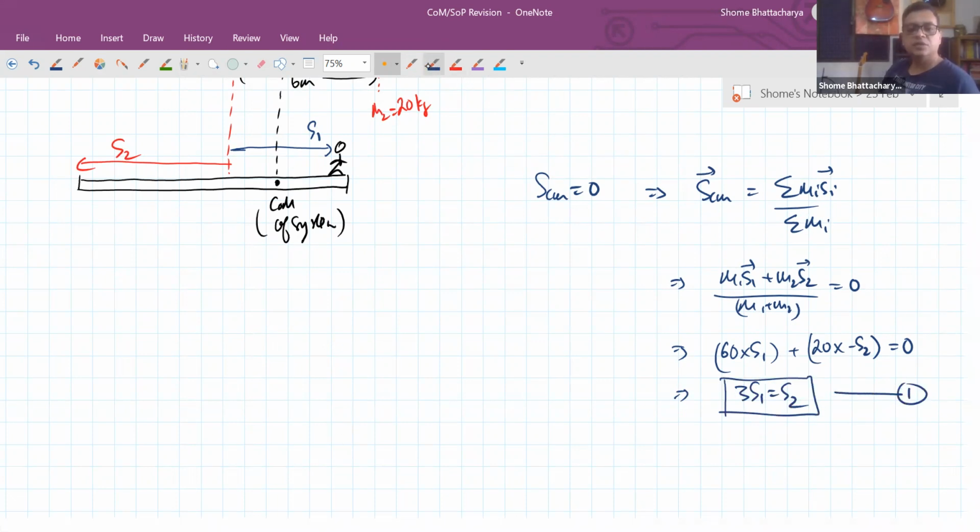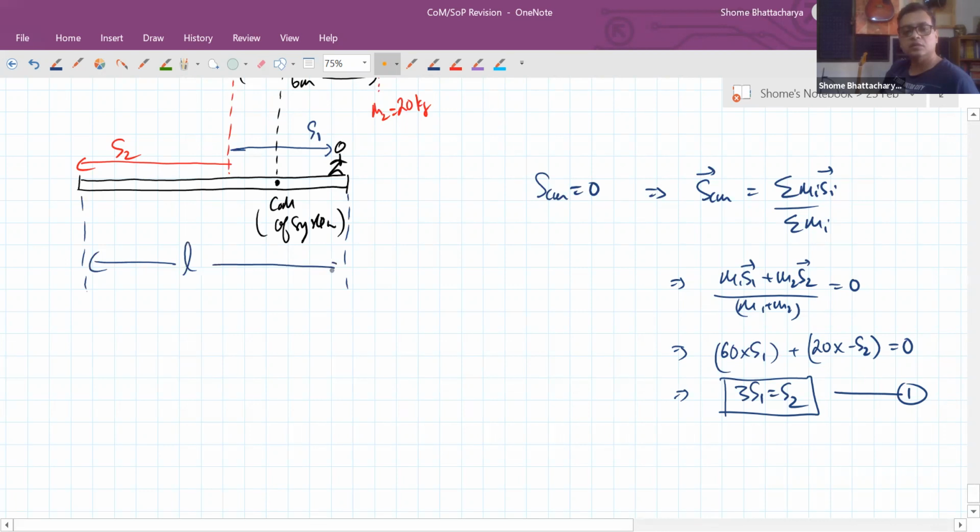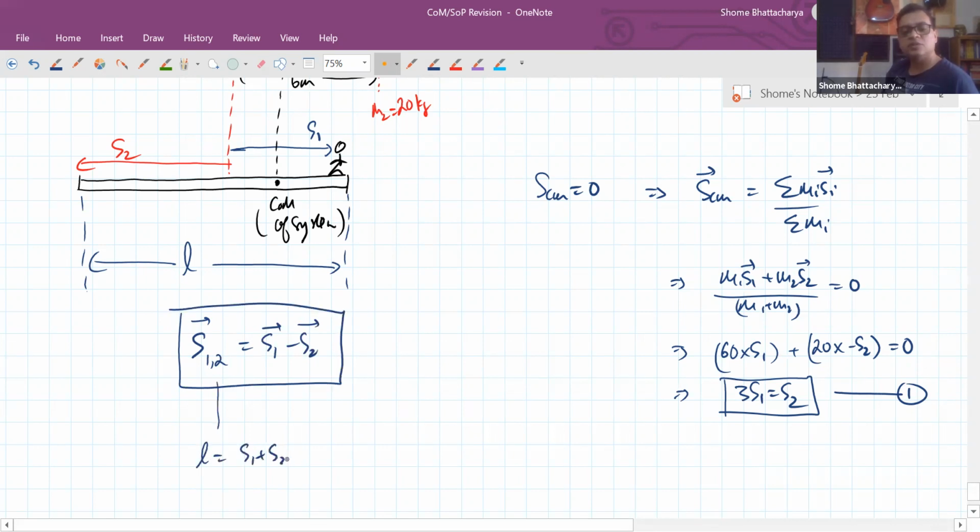Now from the diagram, you can see that the relative displacement of the person with respect to the plank is the total length. So this will convert to L is equal to S1 plus S2, because when we do the vector difference, the directions are opposite.